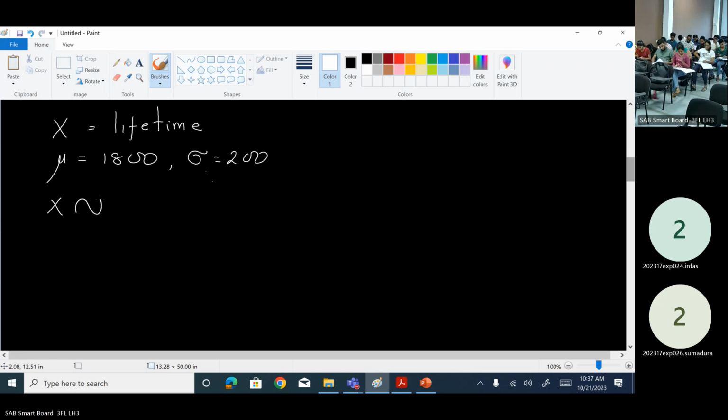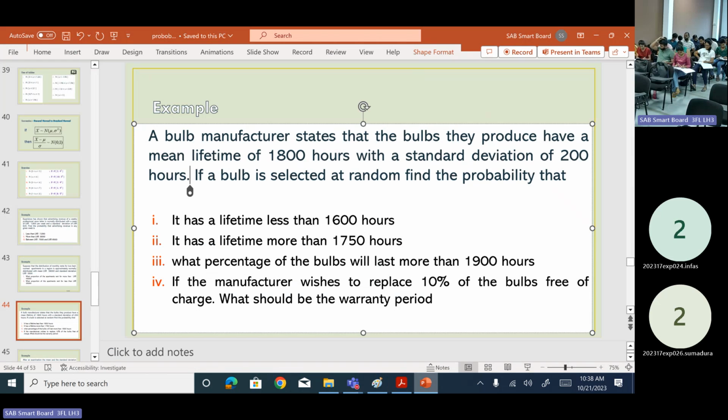This X follows normal 1,800, 200 squared. So now we can answer the question. First part: find the probability that it has a lifetime less than 1,600.